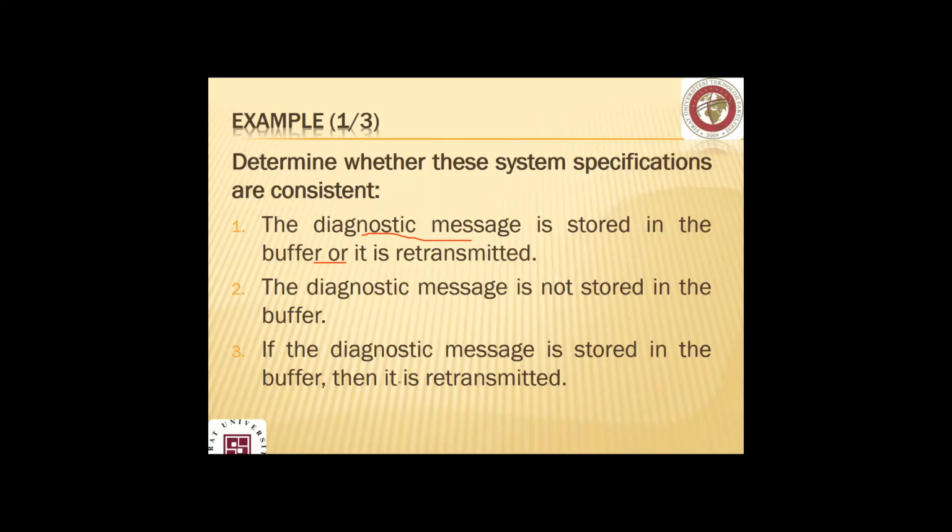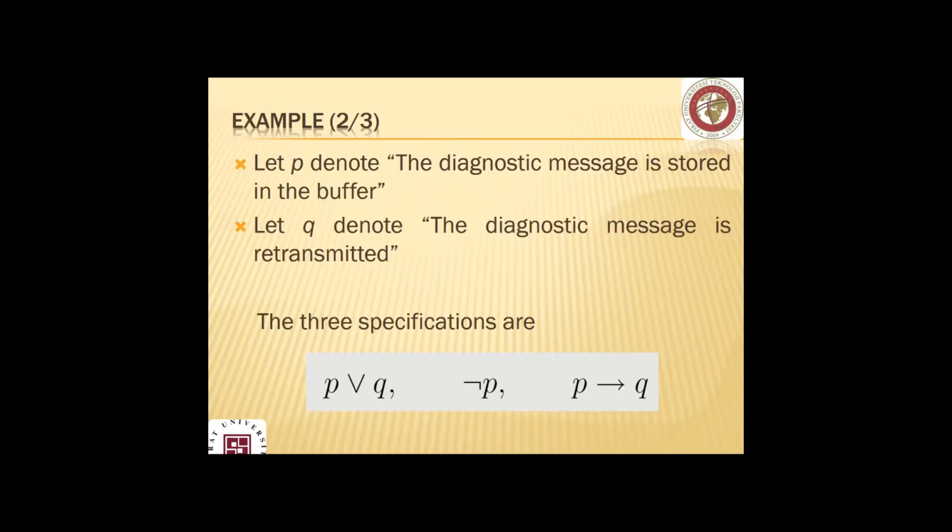Well, if we represent the diagnostic message is stored in the buffer by P, and the diagnostic message is retransmitted by Q, then what we can say is, we have P or Q, and then we have not P, and then we have P implies Q. So we have something like this.